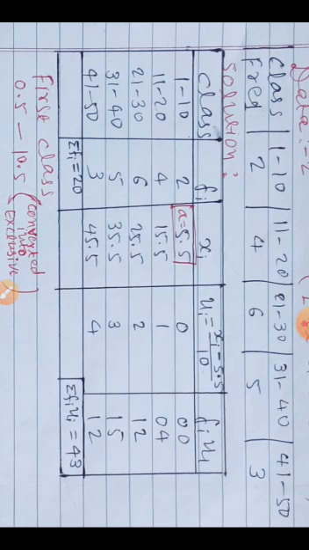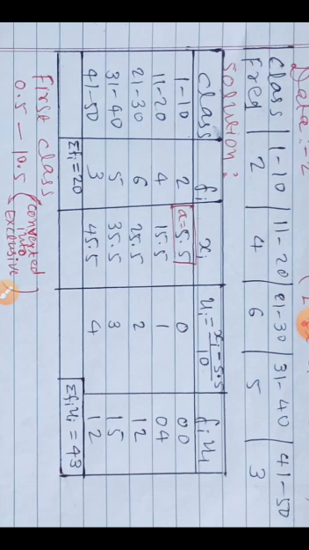What type of class is given has nothing to do with finding xi. So 1 plus 10, 11, 11 by 2, 5.5. Then you can see here the upper boundary or lower boundary. In the upper boundary, everywhere 10 is added, so the class size is 10. So after getting the first xi 5.5, how: 1 plus 10, 11, divided by 2, 5.5.